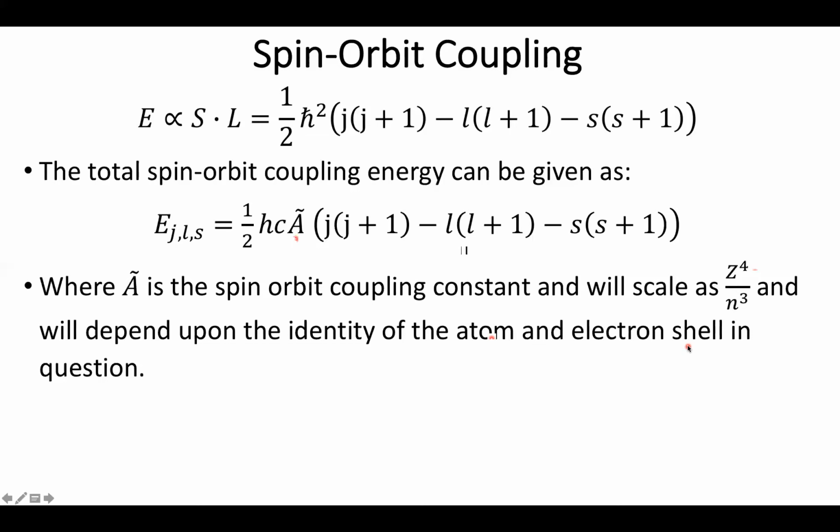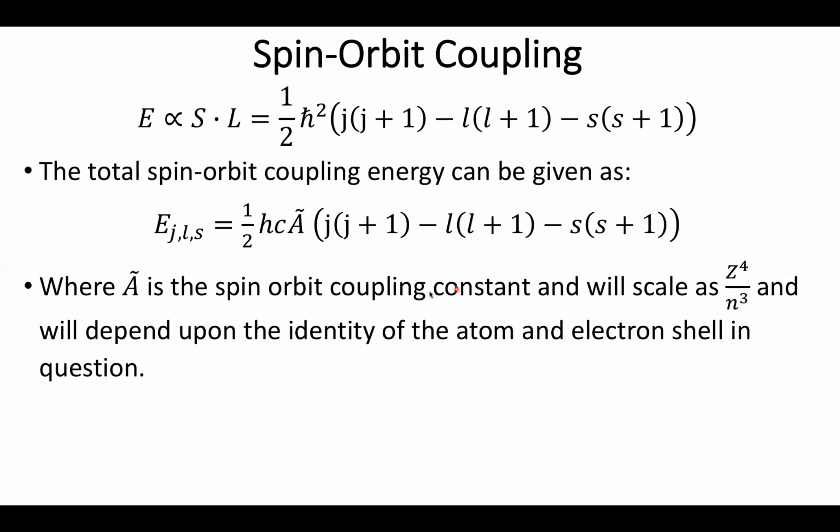And a good way to think about this is that one of the reasons why we see terms that are related to the charge and the principal quantum number is that, go figure, both of these are related in determining electron radii.